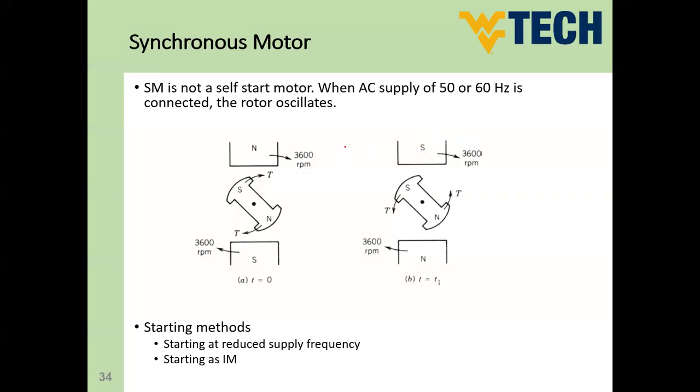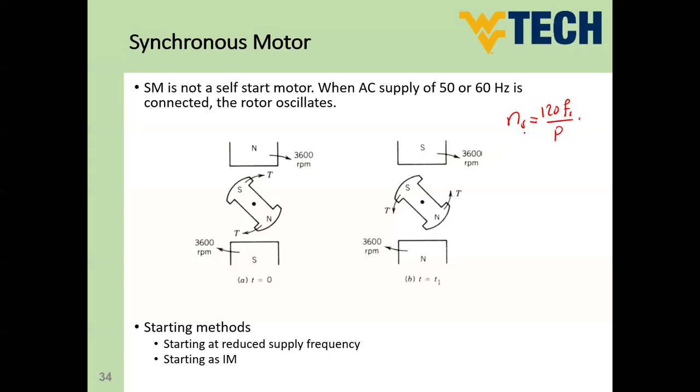In order to understand that, firstly, guys, we need to remember our synchronous speed relation, which is Ns equals 120 times the frequency of the supply divided by the number of poles. So this is the synchronous speed of the motor.